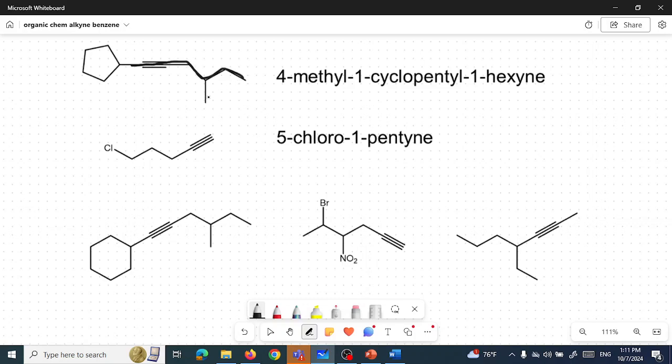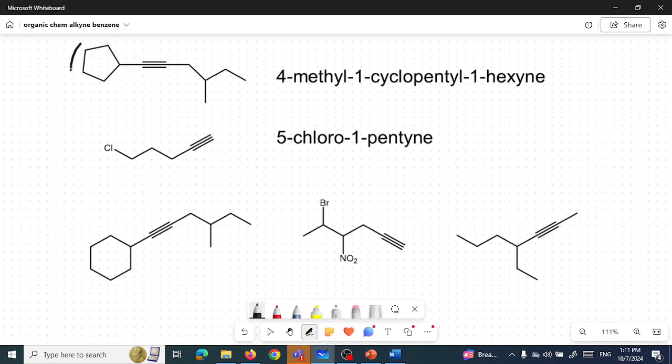Obviously, the other branch down here is shorter than the ethyl group above. Along this chain, we're going to number from left to right in this case, simply because we start from the end closer to the triple bond.